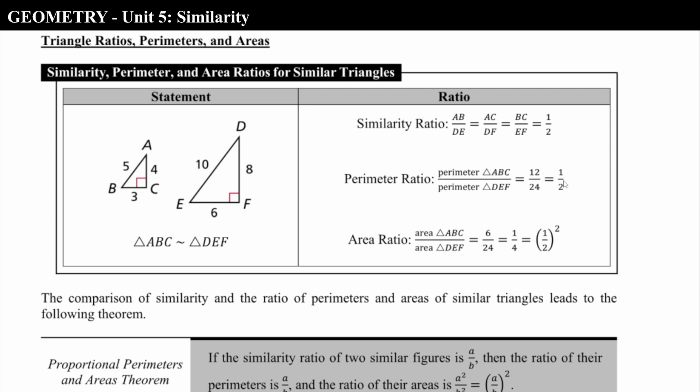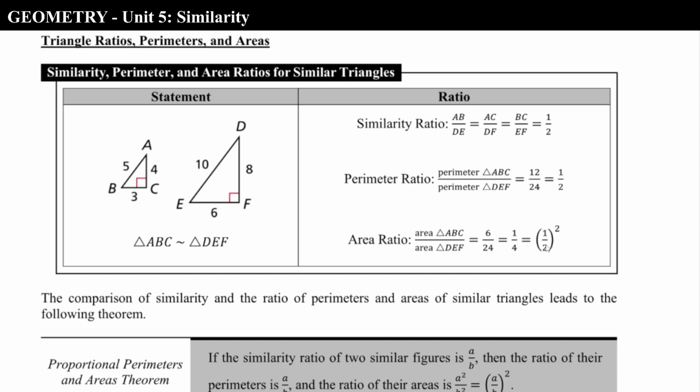So you can use your similarity ratio to find an unknown perimeter if you know the perimeter of one of the two triangles. Now for area, that's going to take a little bit more because the area of the first triangle is 6 and the area of the larger triangle is 24, which is 1/4.